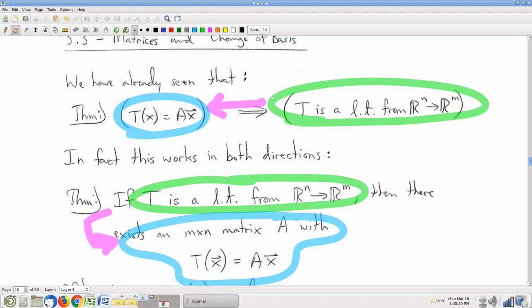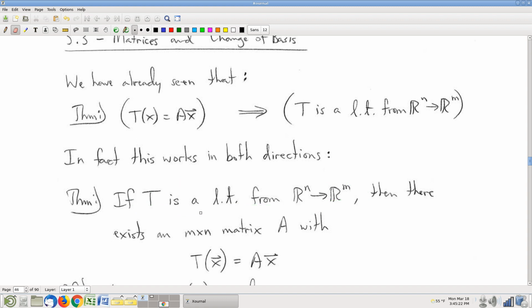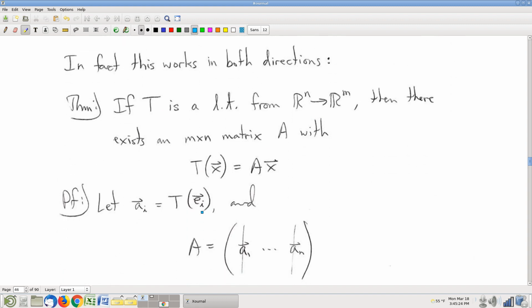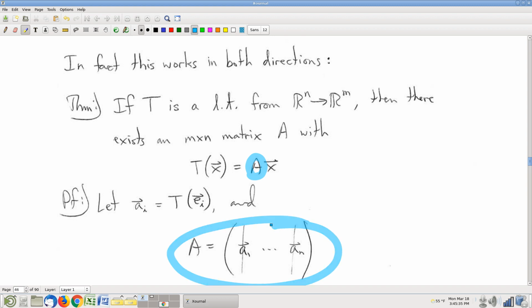The way to prove this result is to have just the right insight of what formula to pick. I'm going to show that this matrix exists by writing down a formula for it. Here it is. A is made up of certain columns. Those columns are computed by this certain formula. That's what A is.